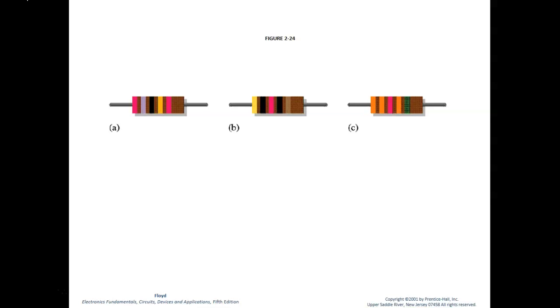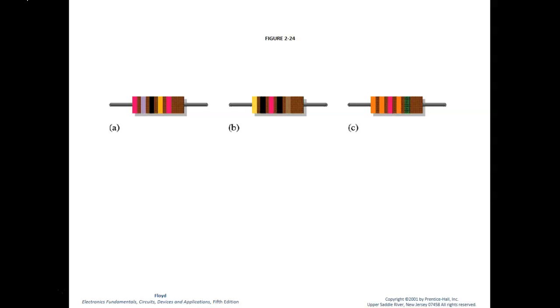So, somebody tell me what the breakdown of B is. Okay, so we end up with 402 ohms, plus or minus 1%.